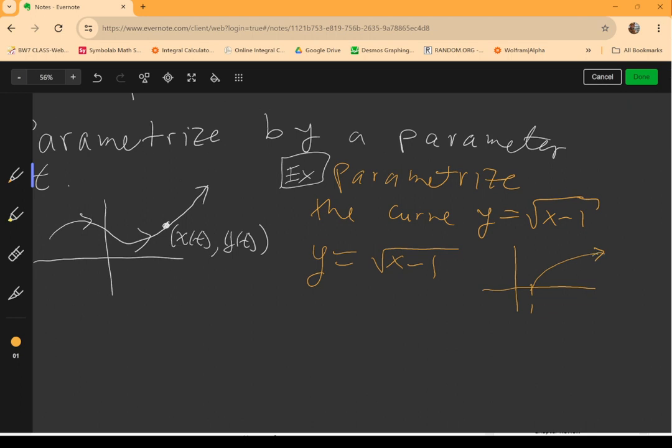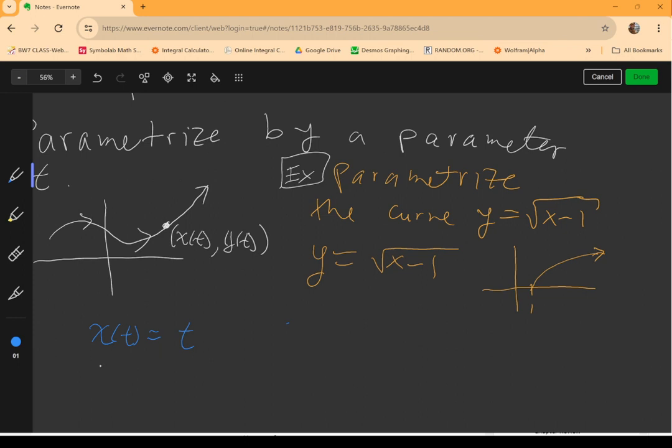Now, a very simple parametrization, when it looks like some kind of function, is to just let x of t be equal to t. That's always a good straightforward approach, especially if it's in function notation where y is equal to some function of x.